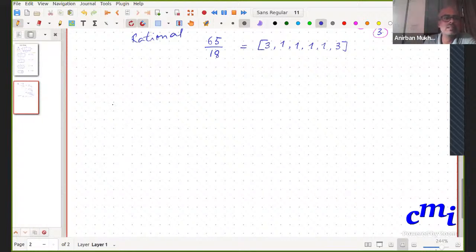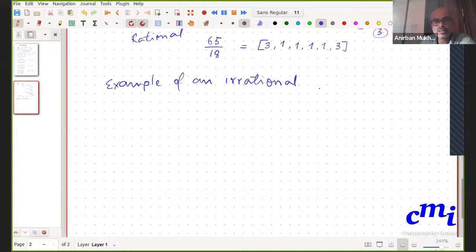So let me start with an example. So another example, an example of an irrational number. But at the moment, we won't venture into difficult irrational numbers. We just take a square root of an integer. So we would consider square root of 7. So this is what I'm going to work out.